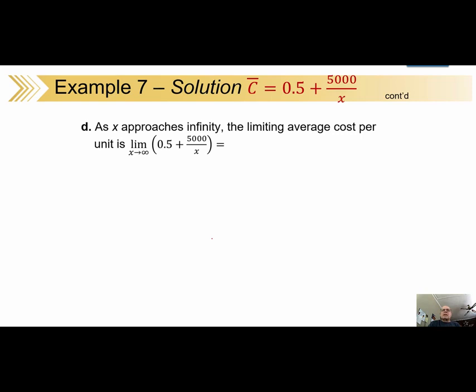So you take the limit as x is approaching infinity. In other words, you're making more and more of those items, whatever they are. So what do you get? Well, split them. Put the limit of 0.5 plus the limit of 5,000 over x. The limit of 0.5 is 0.5.